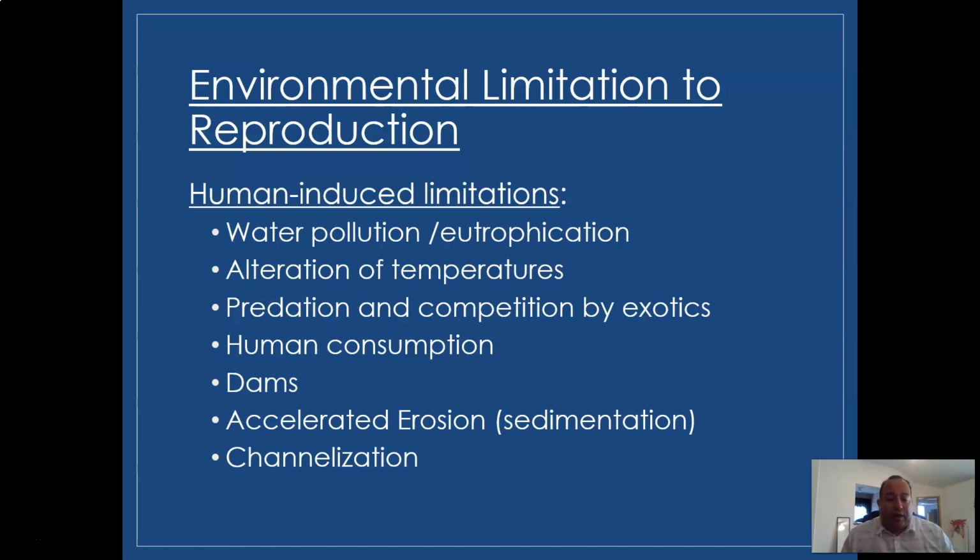So overfishing, and in terms of competition by exotics, invasive species being introduced that can also prey on the natural population. Then there's our own human consumption, the idea that we eat and take a lot of fish, and our fishing practices sometimes are okay, and sometimes are really harmful to the fish habitat environment and can change the habitat quite a bit.